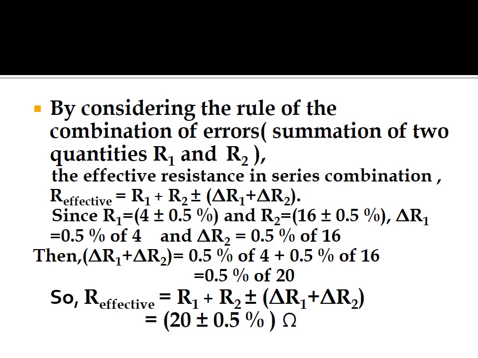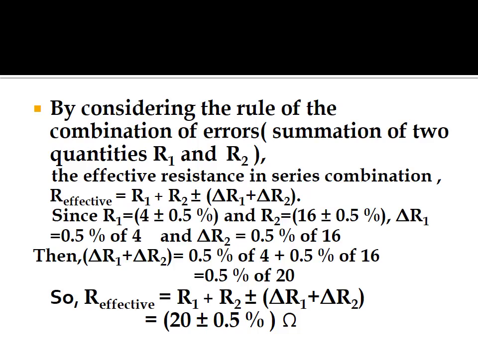Since R1 is equal to 4 plus or minus 0.5% and R2 is equal to 16 plus or minus 0.5%, delta R1 is equal to 0.5% of 4 and delta R2 is equal to 0.5% of 16. Then delta R1 plus delta R2 is equal to 0.5% of 4 plus 0.5% of 16, which is equal to 0.5% of 20.